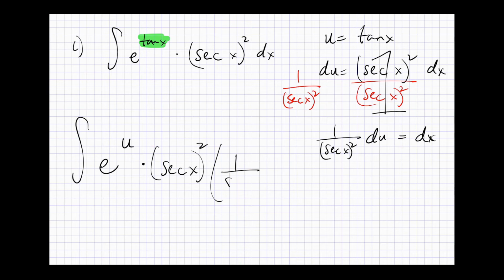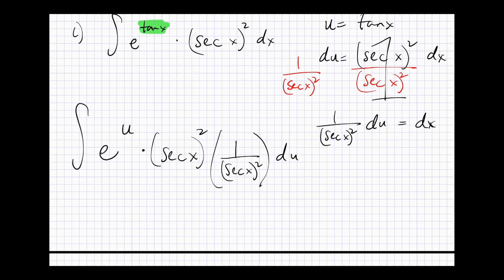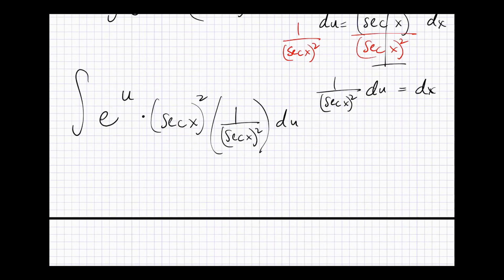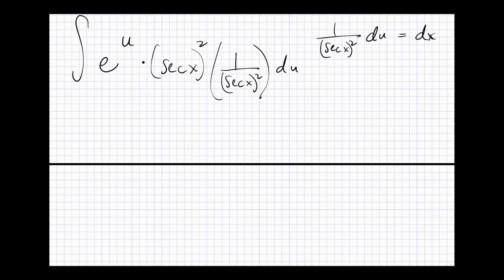So I got 1 over secant of x squared du. Secant squared of x's go away. All that's left is e to the u du.